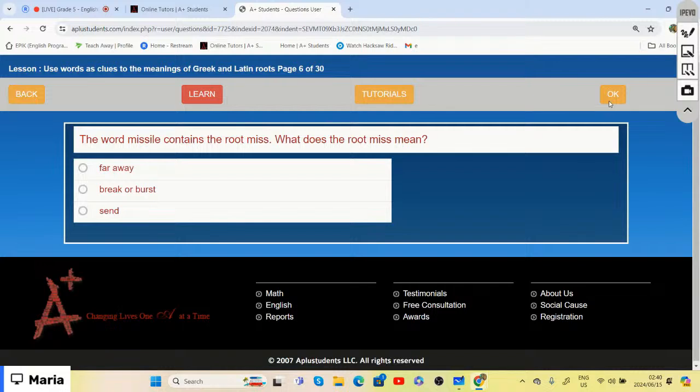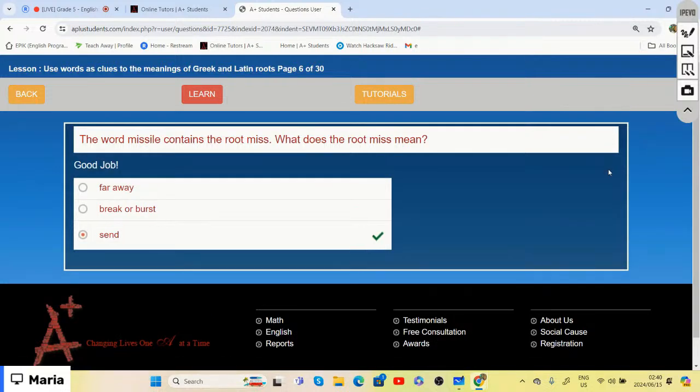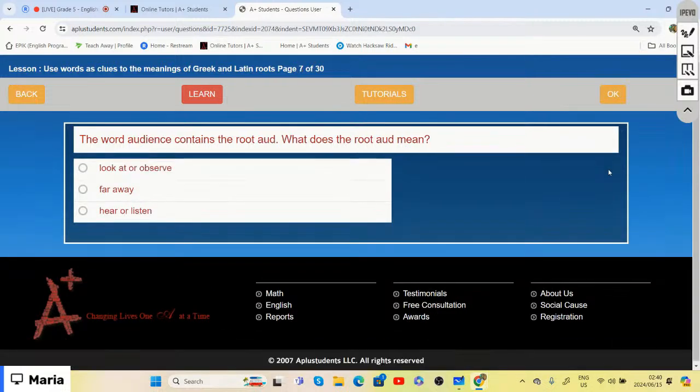A missile is something that gets thrown. So I assume it is sent. Yes, it is to send, because if they say to throw away, it is something to do with send, right?